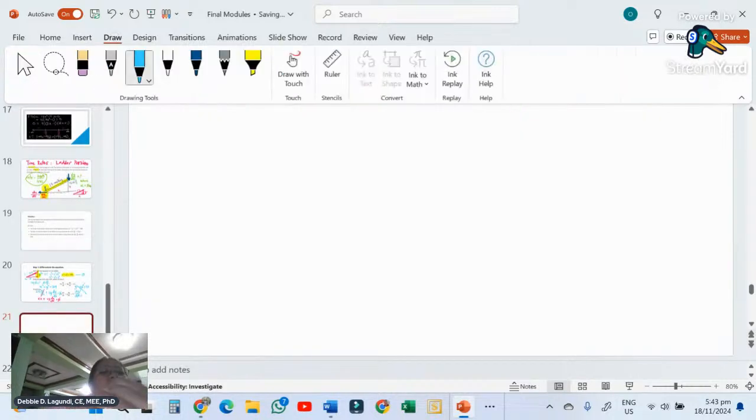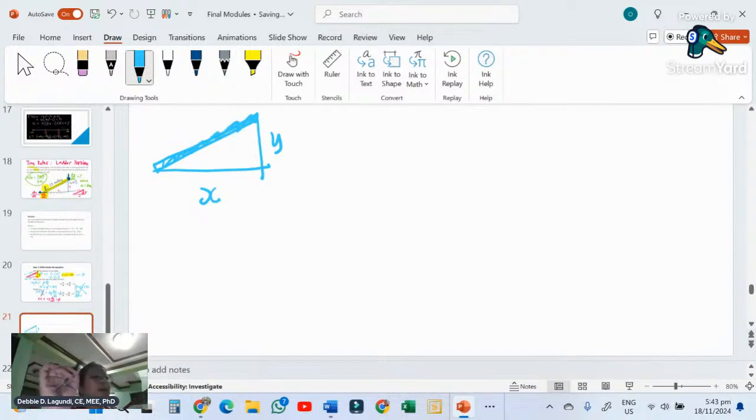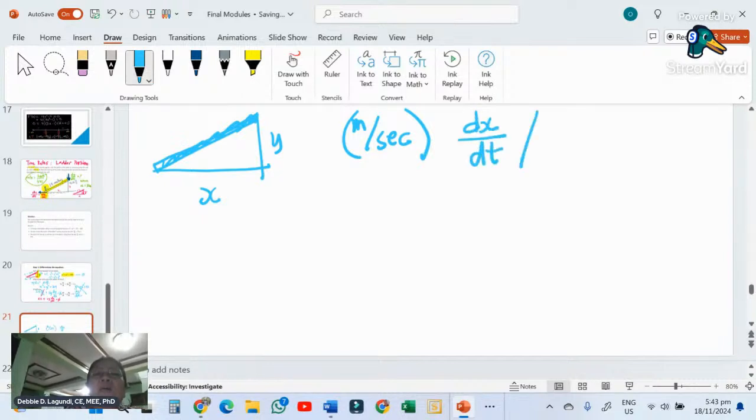All right, so this is our y, this is our x, this is our ladder. And because we are going to get meters per second as our answer, we have dx over dt or dy over dt. The one I had shown you a while ago is doing the derivative in terms of x.